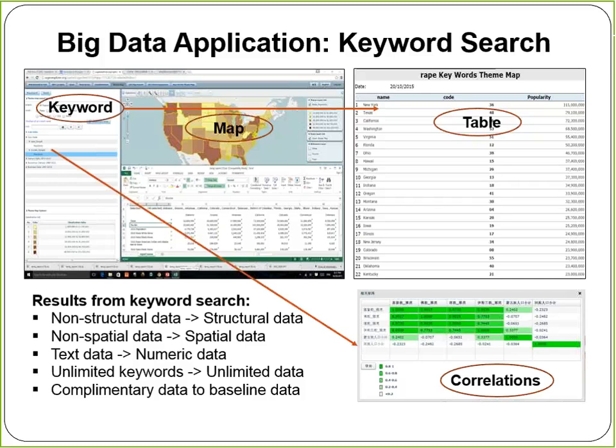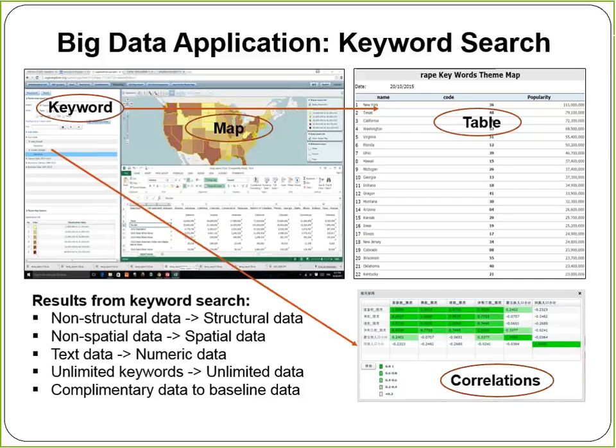That can help you build an actual numerical table. This helps you convert unstructured data to structured data, non-spatial data to spatial data, and text data to numerical data. That kind of data can be complementary to our baseline data, and we have been using this for several case studies.